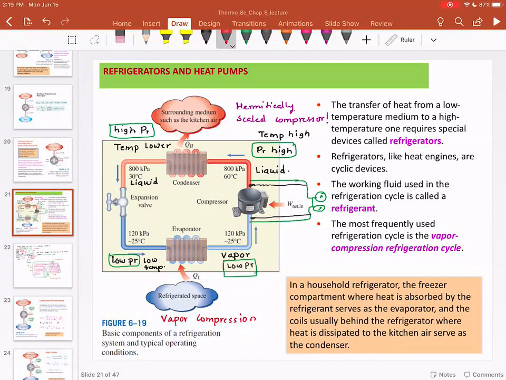Any questions? Everyone understood the refrigeration cycle? I'm looking at my chat window to get any feedback. Okay, moving on.